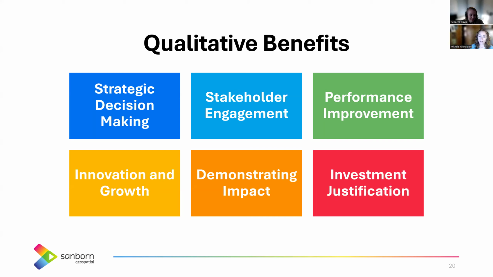Also, just the process of collecting the qualitative benefit information from your stakeholders engages them and drives them to think about benefits. So it's like a nice little cycle. Performance improvement is another reason for doing this. It can highlight areas that might need improvement by gathering that information from stakeholders.